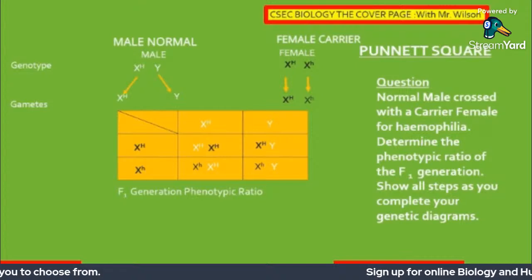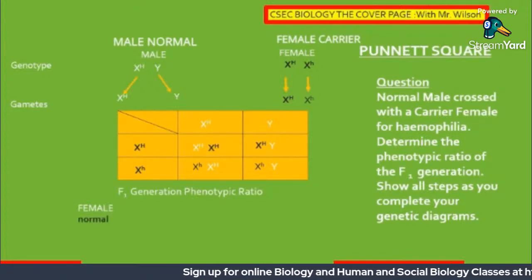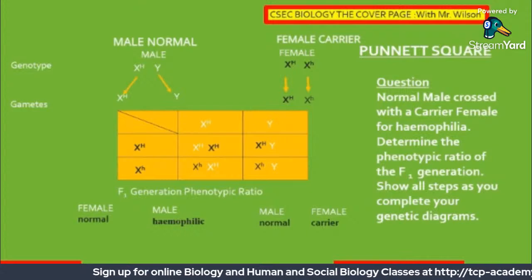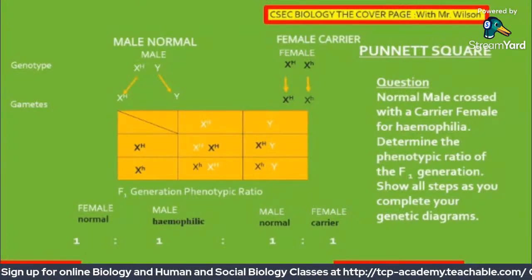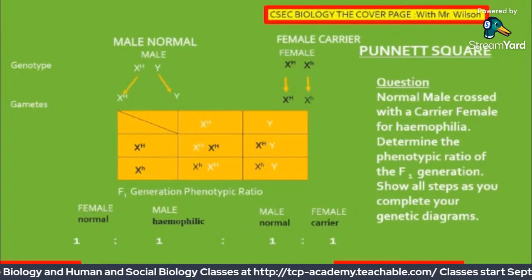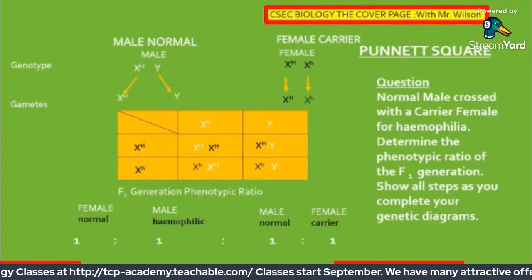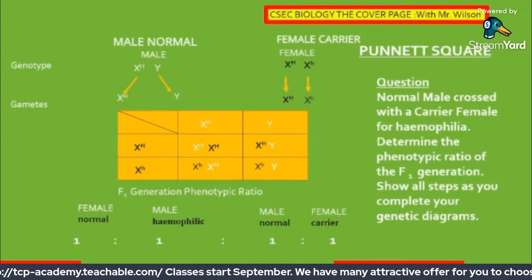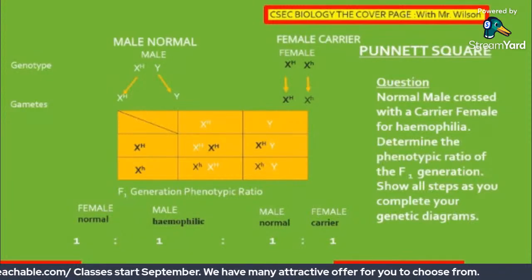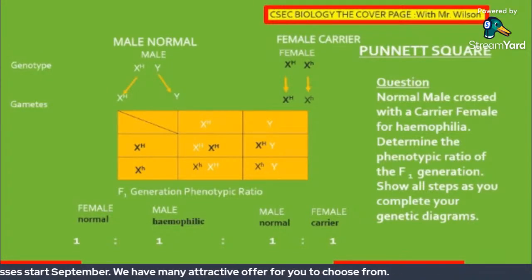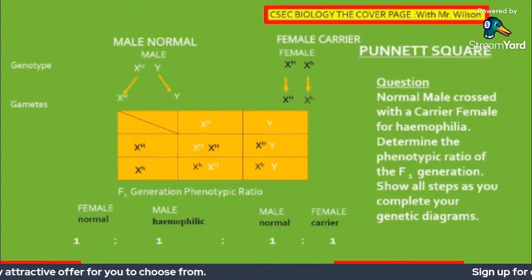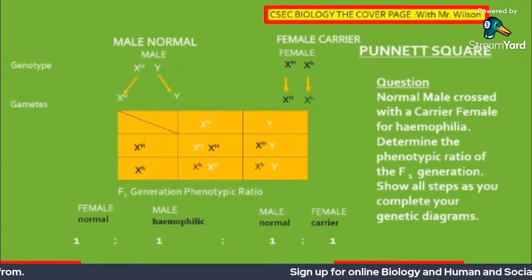And now we have to determine the F1 generation phenotypic ratio, and like we did before, it's going to be pretty much the same. Remember, if you have not followed clearly the procedure in working the Punnett Square out or the genetic cross out, please replay the video however many times you wish until you would have mastered the skill.